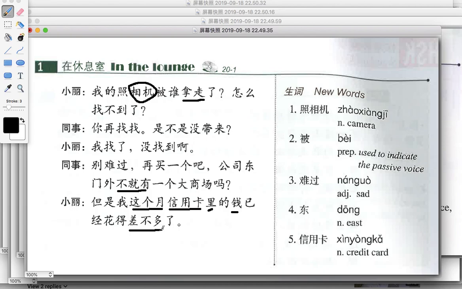And so this actually has a meaning that's been omitted, like 差不多没有了, almost gone. 花 is not flower anymore. That's to spend.